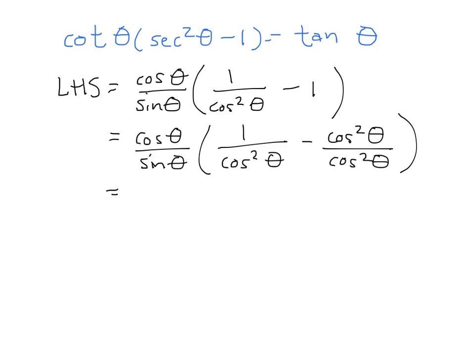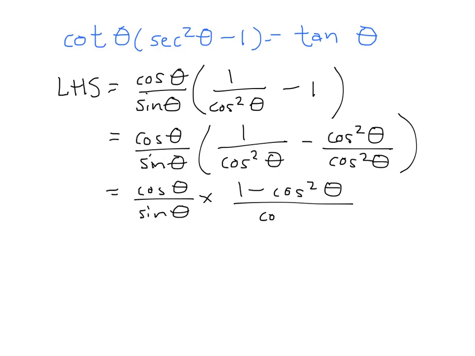So we're left with cos theta over sine theta times a fraction which is 1 minus cos squared theta over cos squared theta.